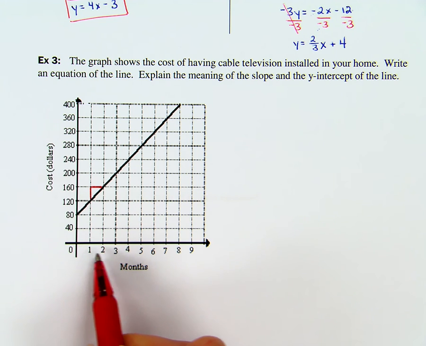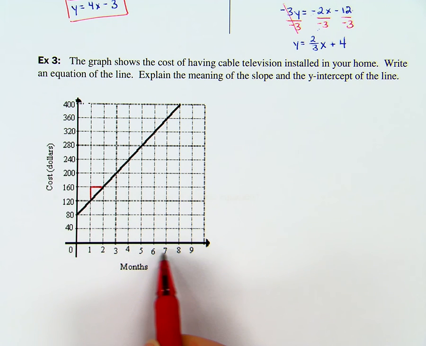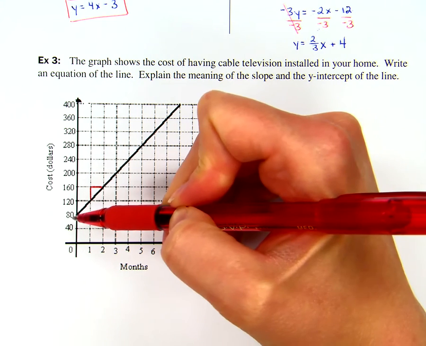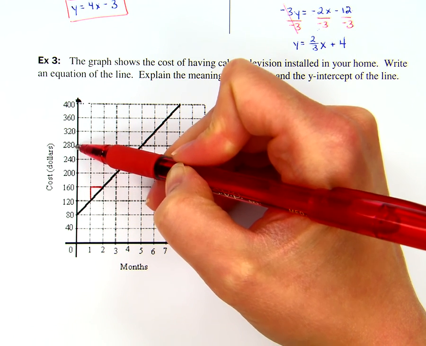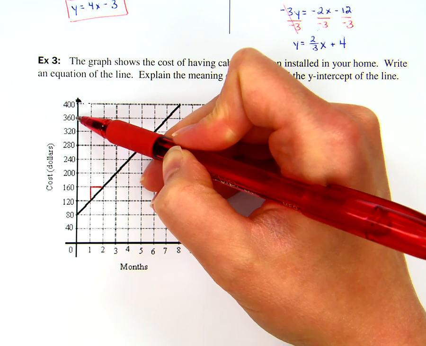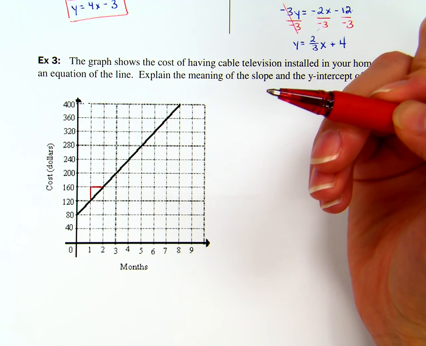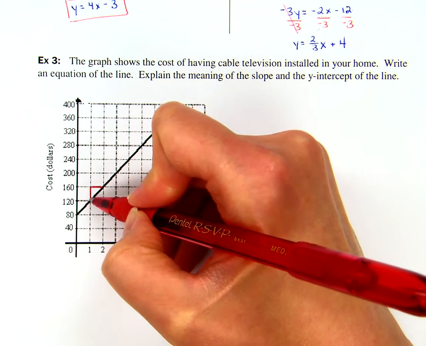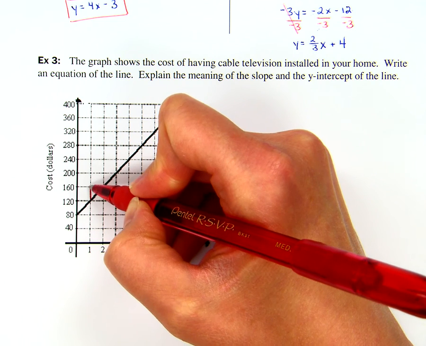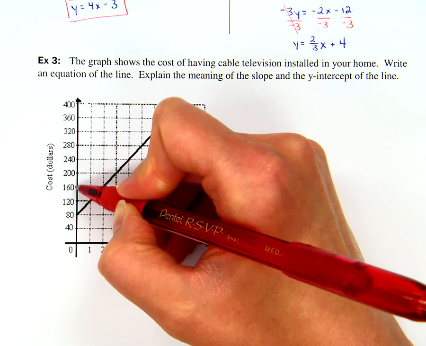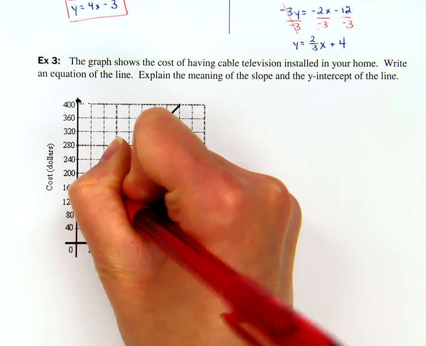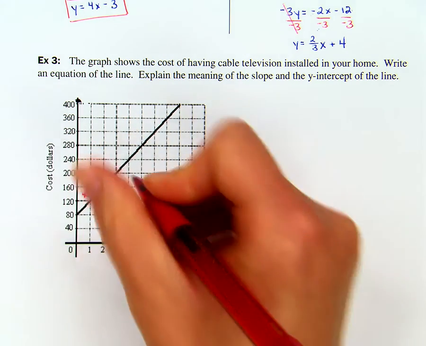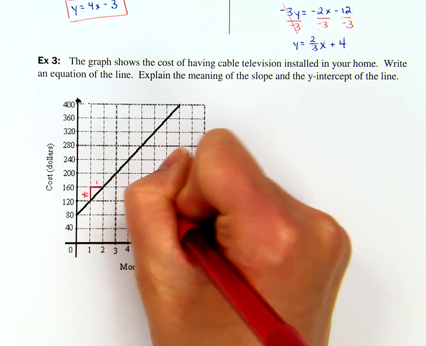The number of months we do count in increments of 1, but the y values, the cost in dollars, every one of these increments is going up by a value of 40. So on the grid, even though we're going up 1 unit on the grid, we're actually counting up 40 places. So our slope is actually 40 over 1.